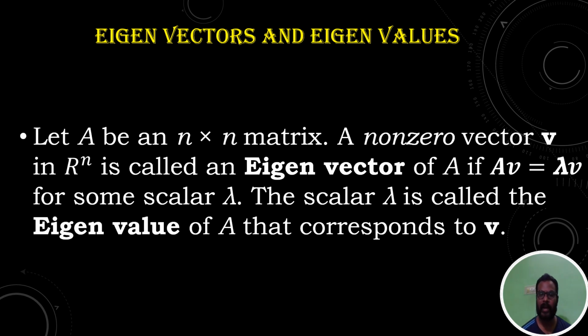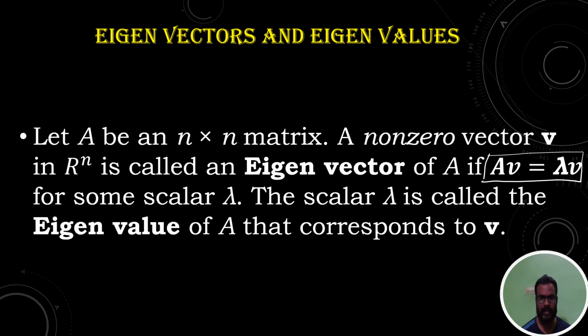A non-zero vector v in an n-dimensional vector space is called an eigenvector if it satisfies this condition: the product of A with the given vector should give the result as some scalar multiple of the given vector. That scalar lambda is called the eigenvalue and the vector v is called the eigenvector.